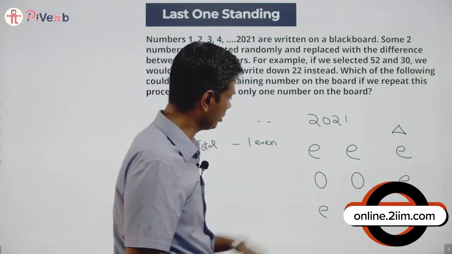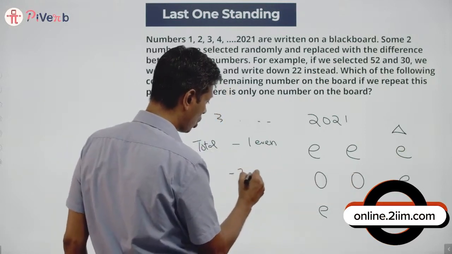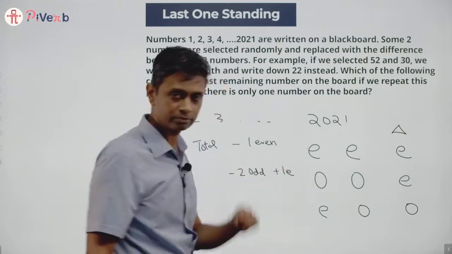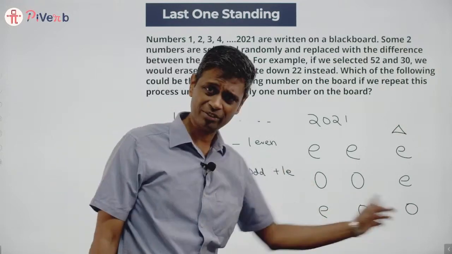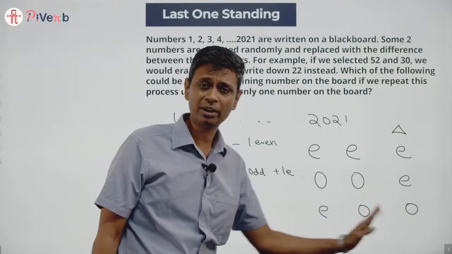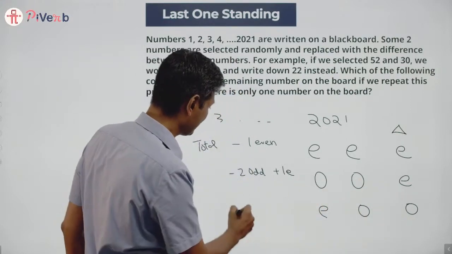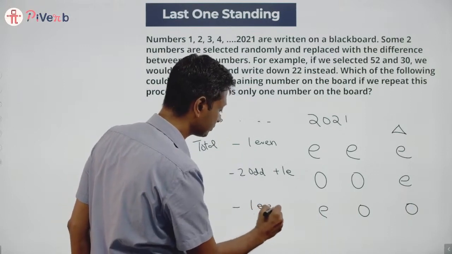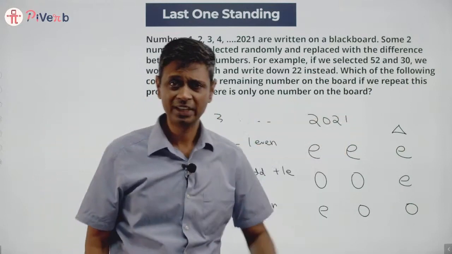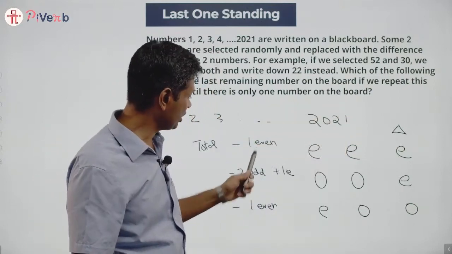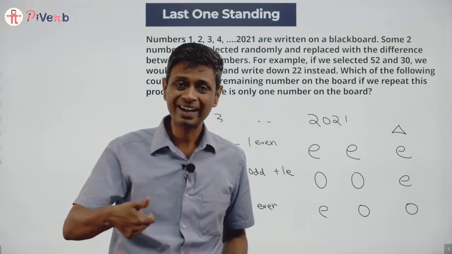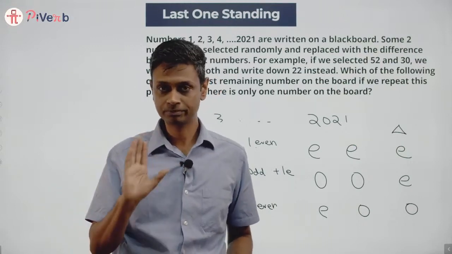Or if this happens, I subtract two odd numbers and add one even number. If this happens, I take out an odd number, I put in an odd number. Odd number count does not change. I'll subtract one even number. So whatever number of numbers I have, I'll either subtract one even number or I'll subtract two odd numbers and replace it with one even number.